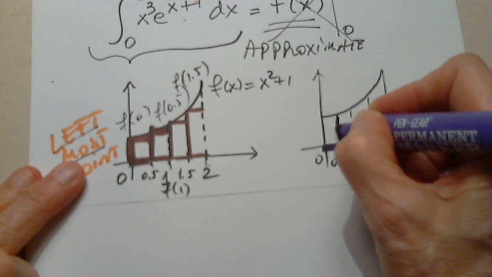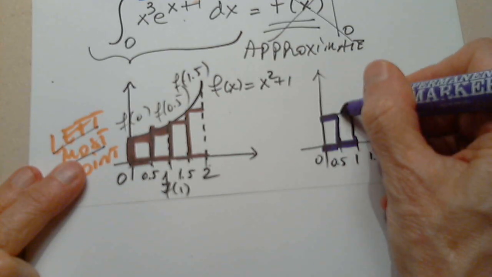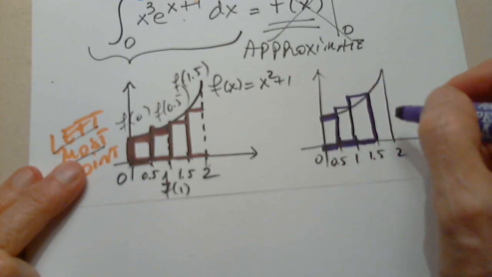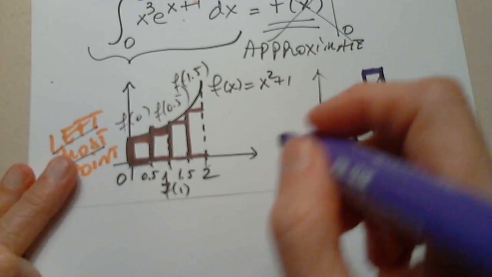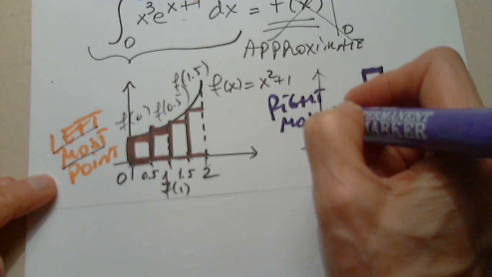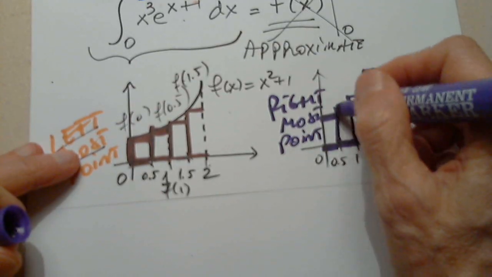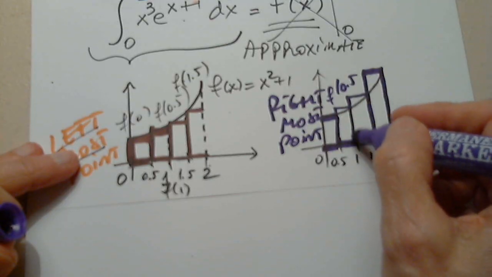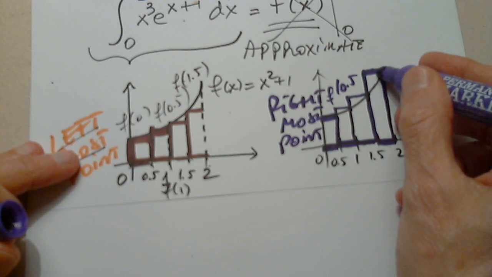Base times height. And this is the rightmost point for the height, which means this height is f of 0.5. This one is f of 1. This one is f of 1.5, and this one is f of 2.